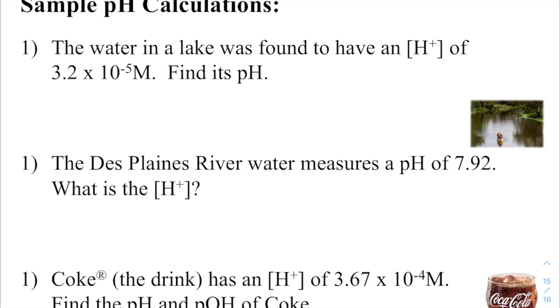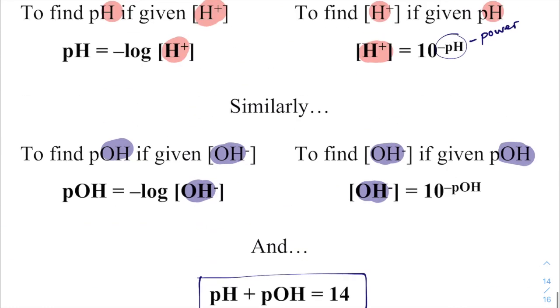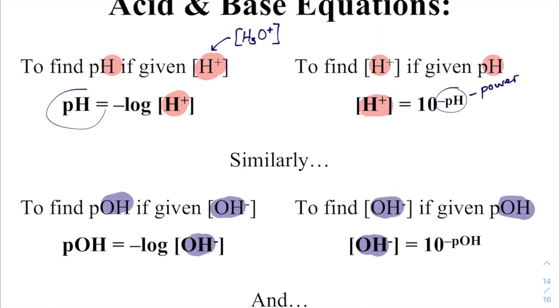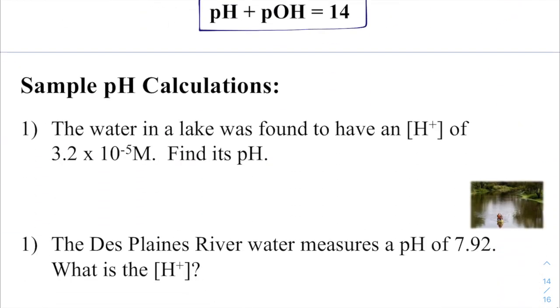So, the water in a lake was found to have an H plus of 3.2 times 10 to the negative fifth. Find its pH. Okay, we can do that. So it wants to find pH. Going back to our equations, if I want to solve for pH, I need to know the hydronium concentration. Do I know it? I sure do. It gives it to me right here.